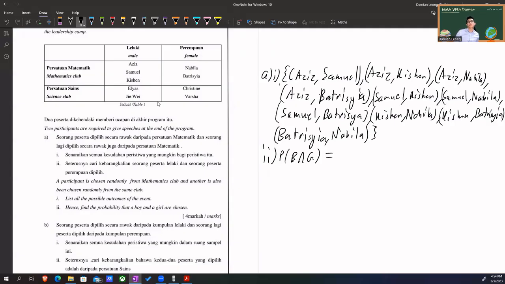Out of all this, which one has 1 boy and 1 girl? Which is Aziz, Nabila, Aziz, Patricia, and so on. 1, 2, 3, 4, 5, 6. 6 out of the total number of outcomes, you can clearly see is 10. So 3/5.